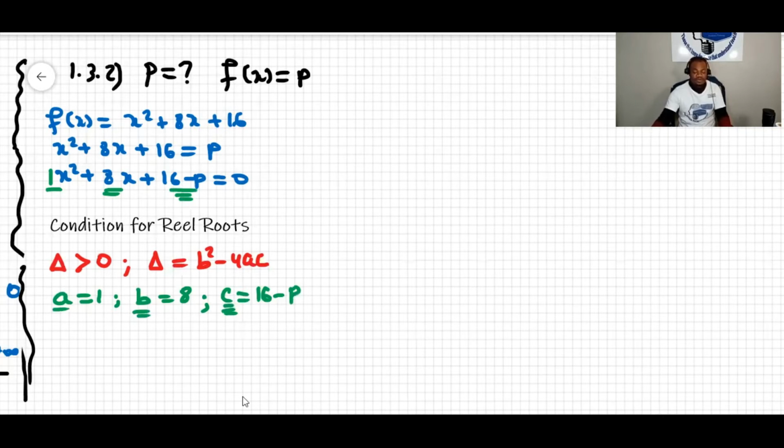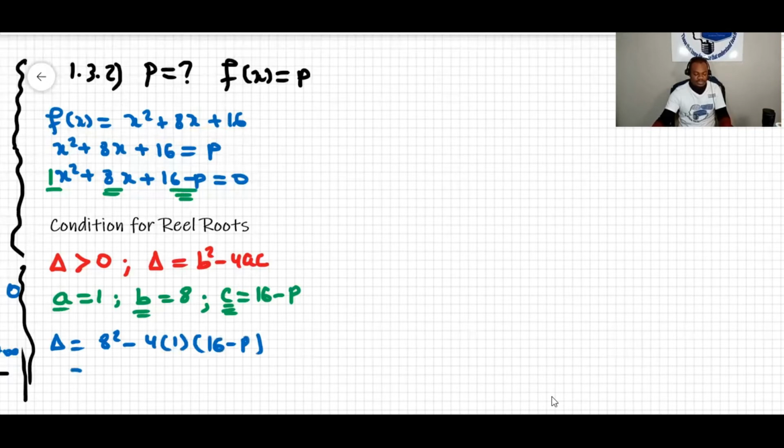Now we can work out the discriminant. Delta will be b squared, which is 8 squared, minus 4a, where a is 1, and c is 16 minus p.